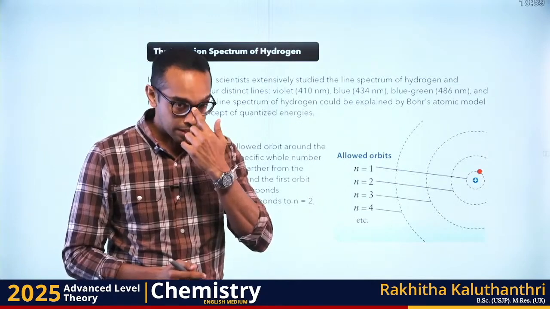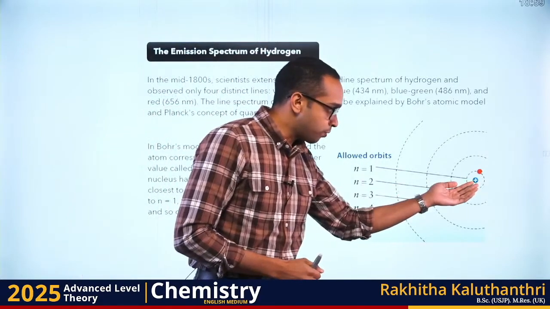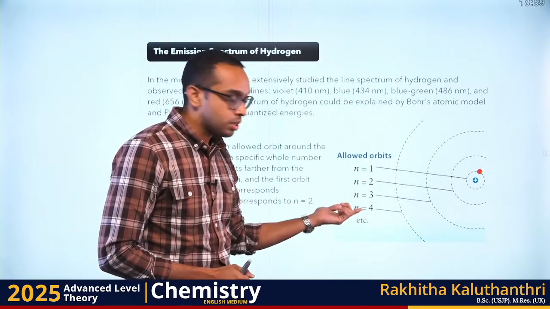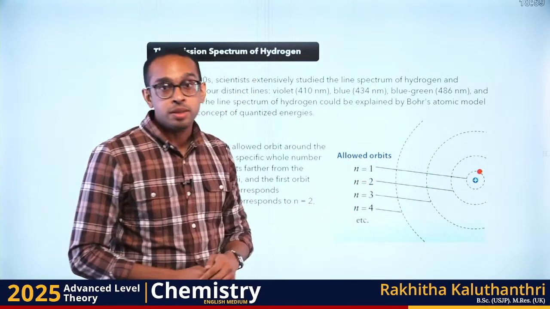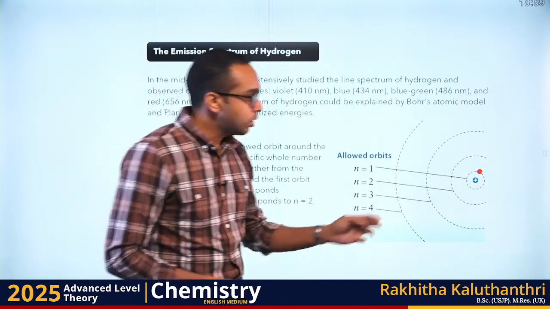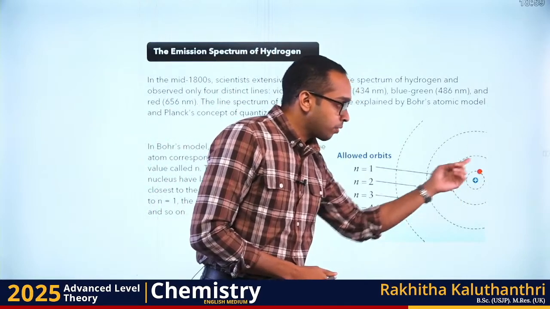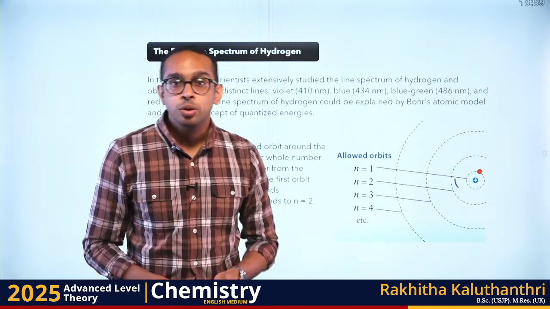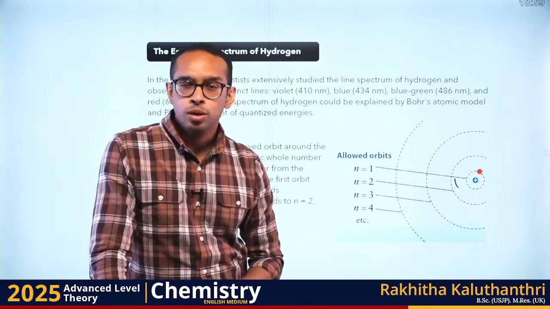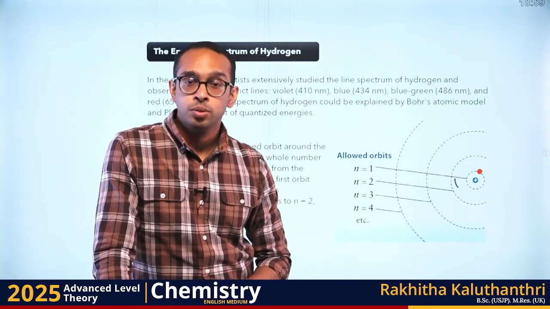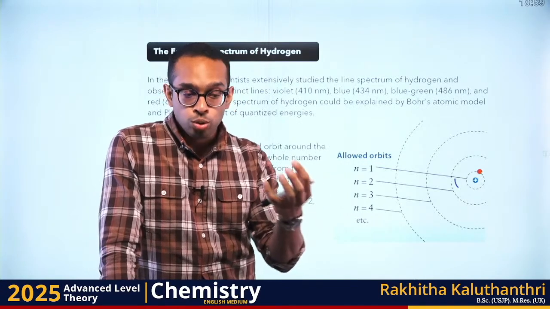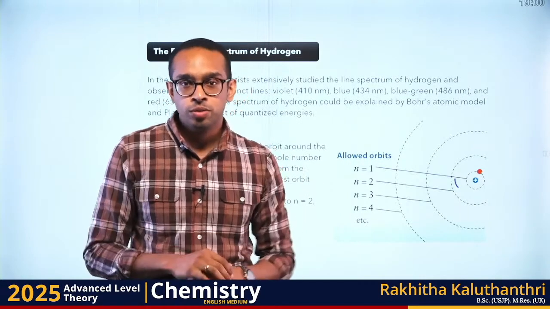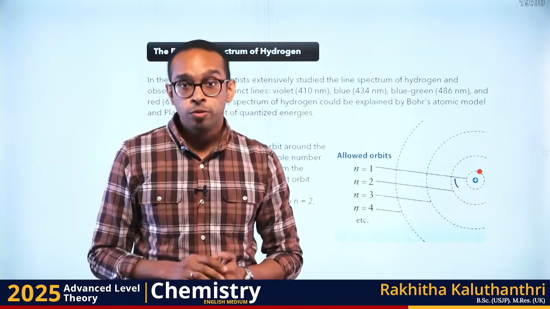So allowed orbits are going to have different diameters and they are obviously going to have different energies. Actually, as you move further away from the nucleus, the energy of the orbit or energy level is going to be greater, right? So the first energy level that is closest to the nucleus is going to have electrons that are lower in energy. Okay, so when an electron is strongly attracted to the nucleus, the electron has a very low amount of energy. Now compare that to a free electron.